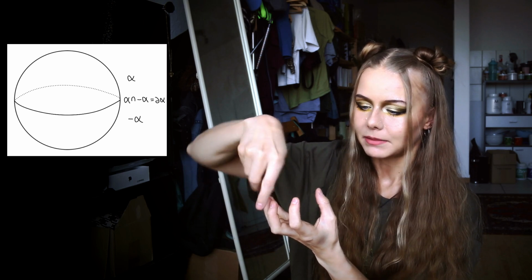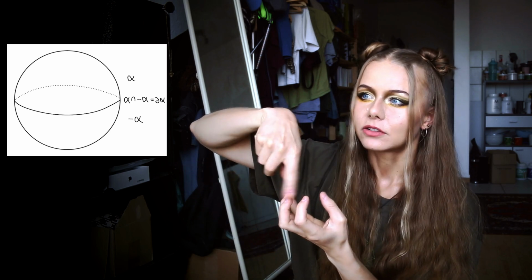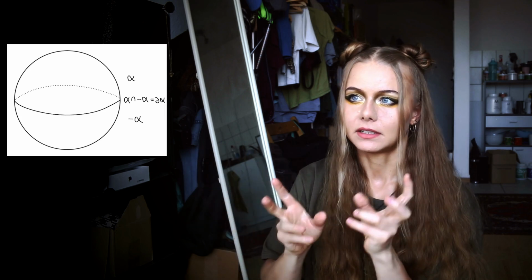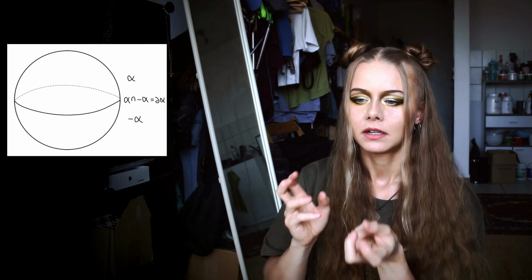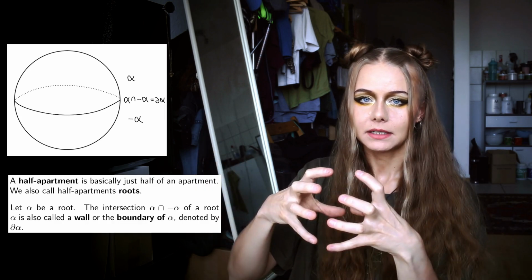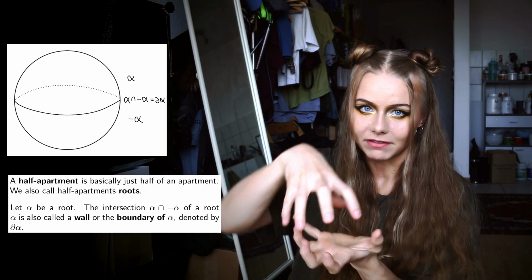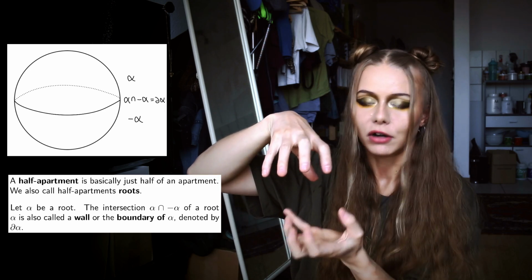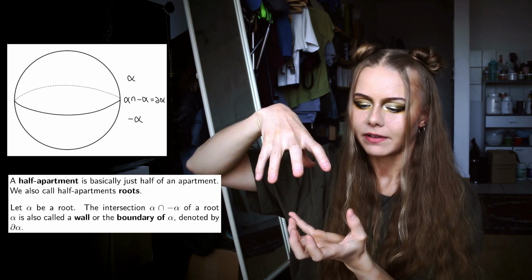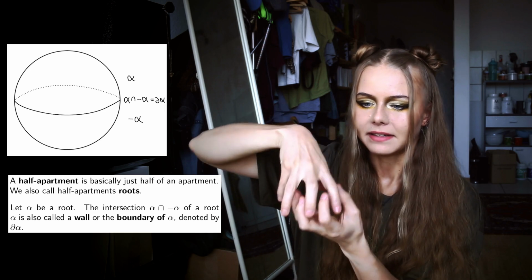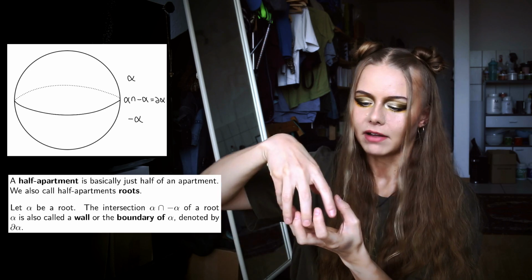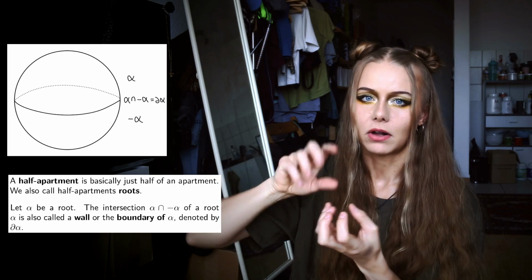And sometimes this intersection is called a wall. These are all very important words that we will need a lot. So take an apartment, and because we are in a spherical case, we have a triangulated sphere, cut it in halves. The halves we call roots, alpha and minus alpha, and where they intersect, it's called the boundary of alpha and the boundary of minus alpha, but also the intersection is called a wall.